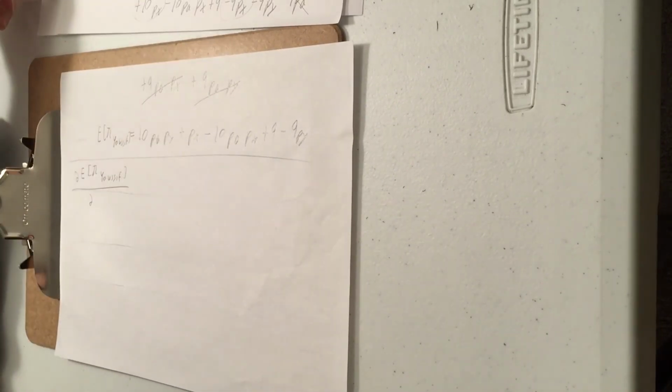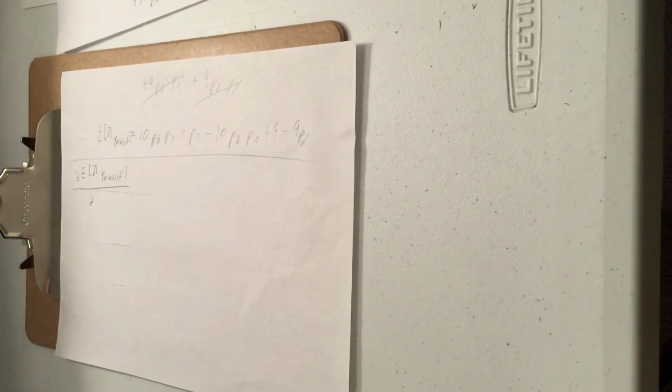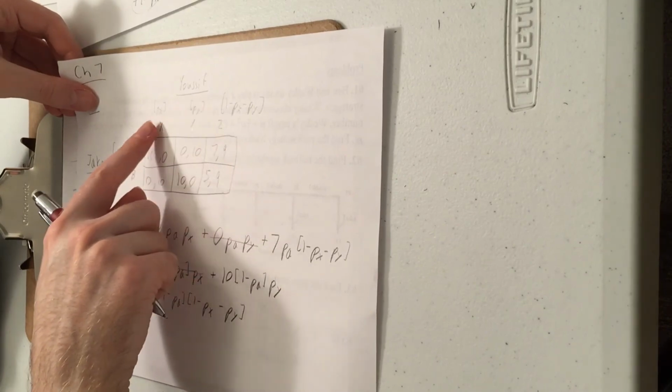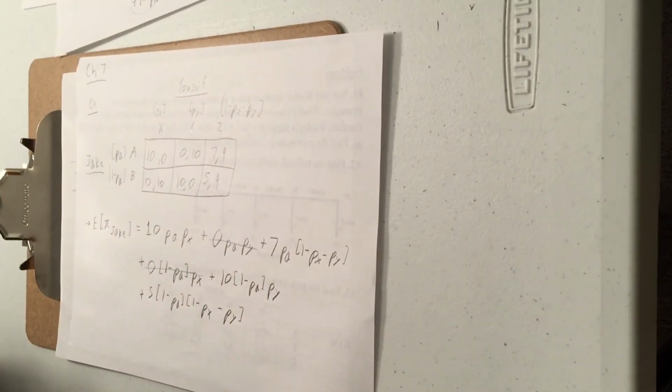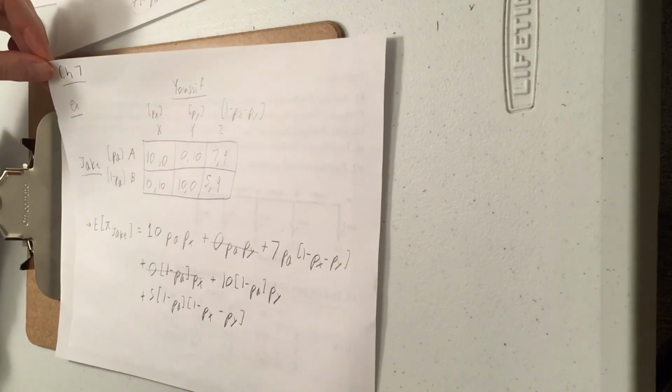So now let's take partial derivatives. Which ones do we do? Yusuf controls PX and PY. So we'll take one partial derivative with respect to PX, and the other with respect to PY.